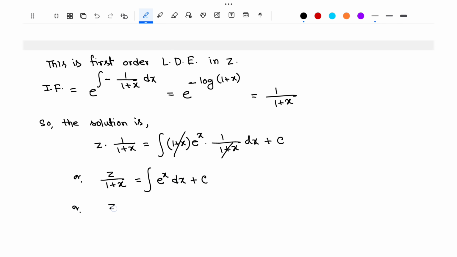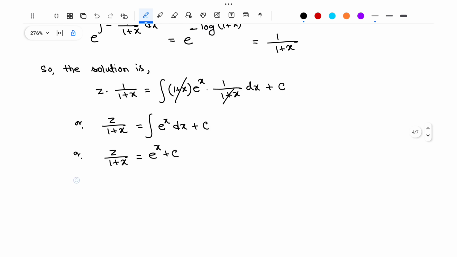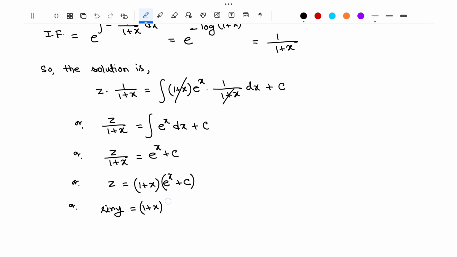So z by 1 plus x equals e to the power x plus c, or you can write z equals 1 plus x into e to the power x plus c. And z means sin y, so sin y equals 1 plus x into e to the power x plus c, and this is the required solution.